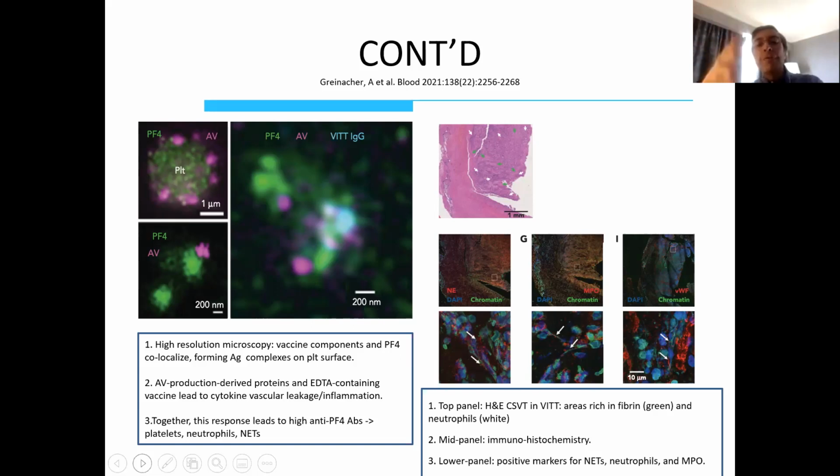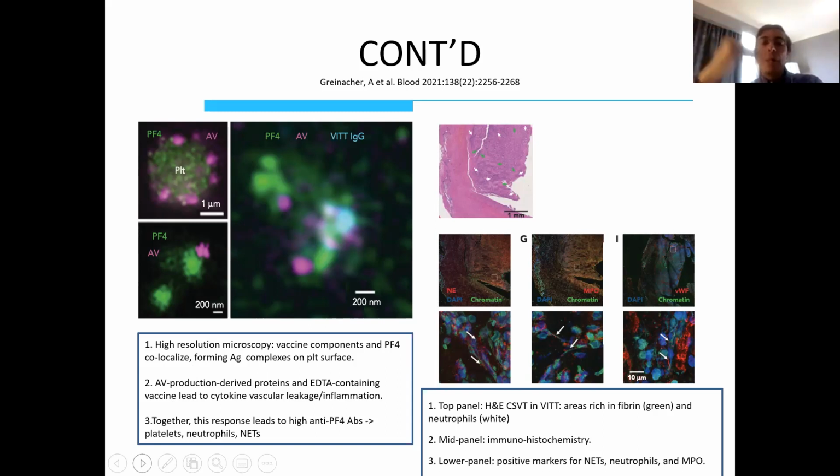On the second half of the slide, you see cuts of thrombi extracted from cerebral sinus veins of individuals with VITT. On the pink part, which you cannot see because it's too small, you see clusters of fibrin-rich and neutrophil-rich parts within the clot.